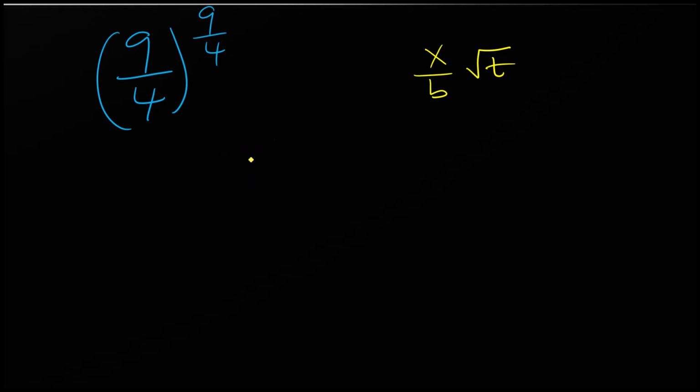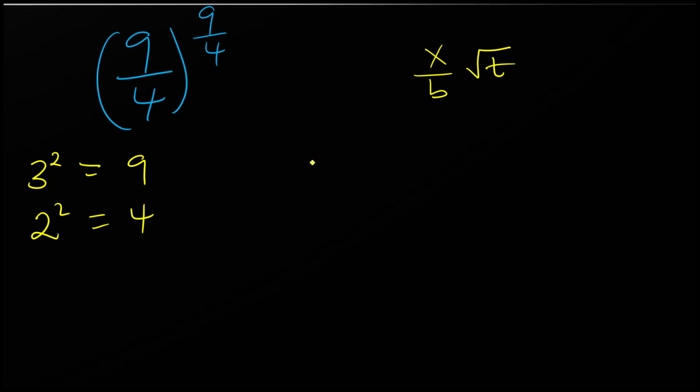We shouldn't rush. Now we have 9 here, we have 4 here, and we can say that 3 squared is 9, 2 squared is 4.